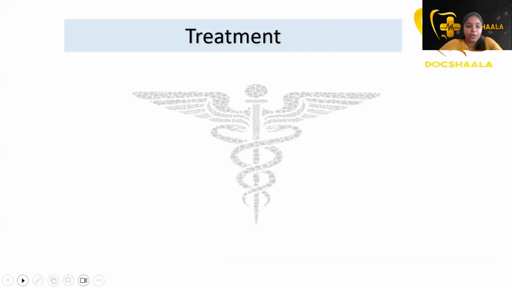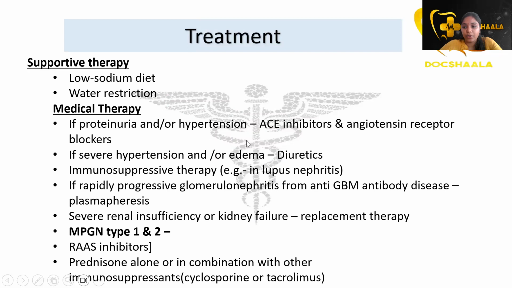Then treatment. The treatment is supportive therapy. In supportive therapy, we have to advise a low sodium diet, and water restriction should also be advised. Medical therapy: if proteinuria or hypertension is present, ACE inhibitors and angiotensin receptor blockers are given. If severe hypertension and edema are there, diuretics.